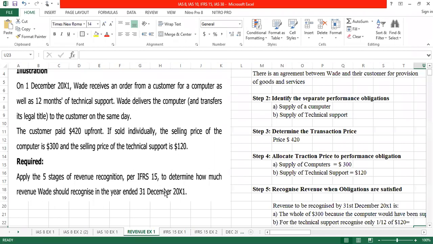So by 31st December, we have only supported them technically for 1 month. There are still how many months remaining? There are still 11 months remaining. So don't recognize the 11 months that are remaining. Thank you, Davy, for also supporting my answer there.